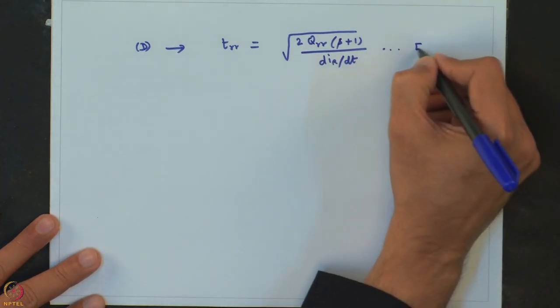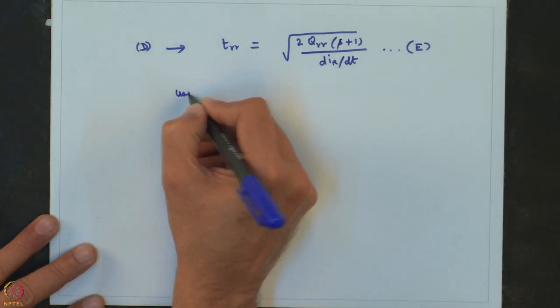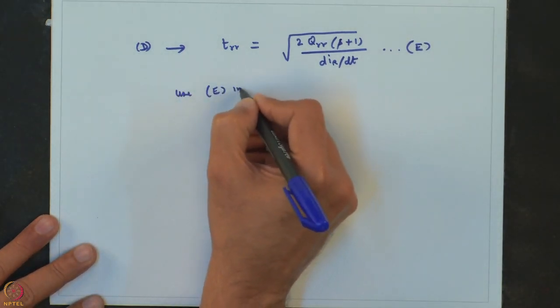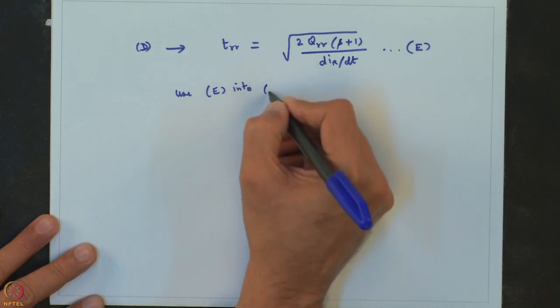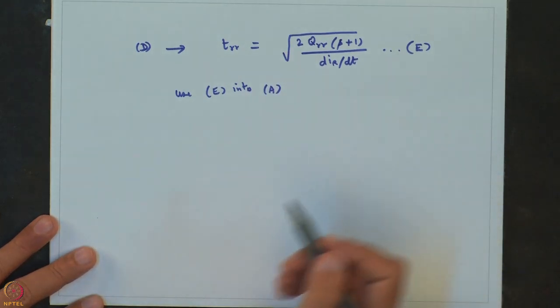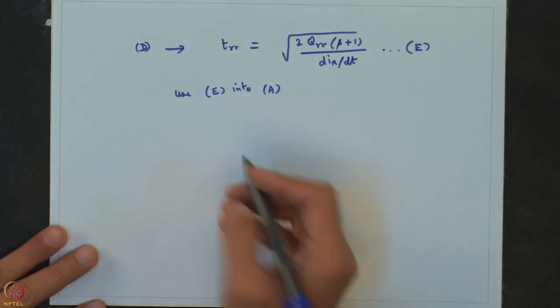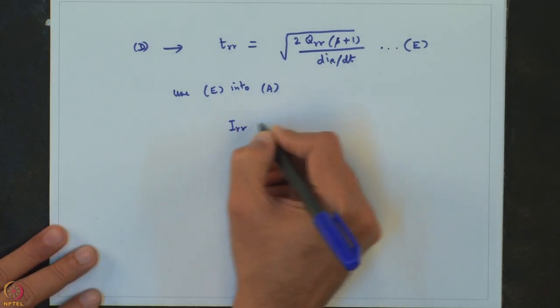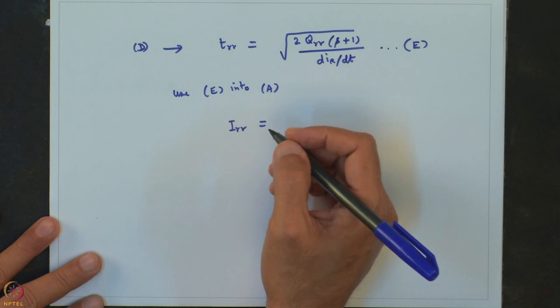Let us call this expression E. Now if I use this expression E in expression A, then we can also get straight away IRR, the peak reverse recovery current.